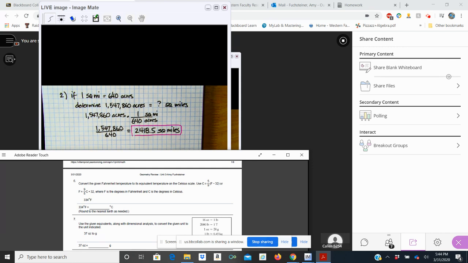My one caution for the test would be that while I am not there to say whether or not your Google choices, right? I mean, if I'm flat out honest, you can say, "Hey Google, how many square miles in 1,547,860 acres?" You can ask Siri, you can ask Google, they'll tell you.